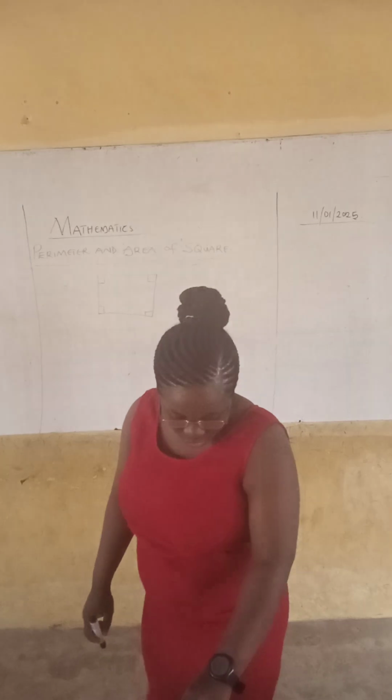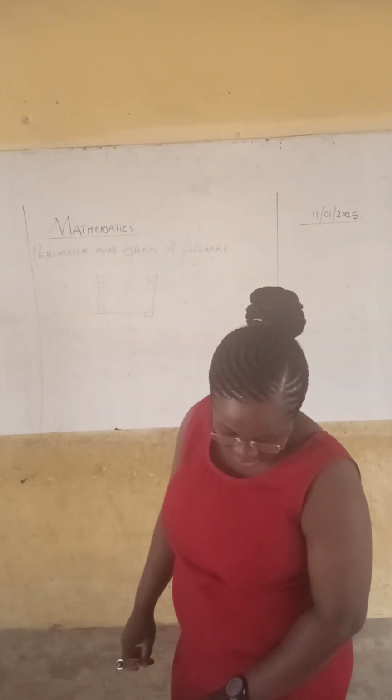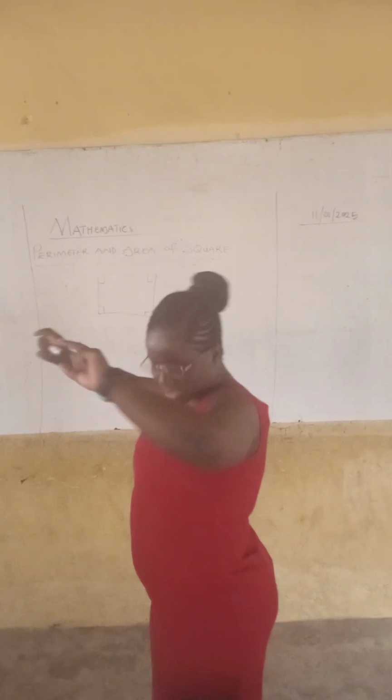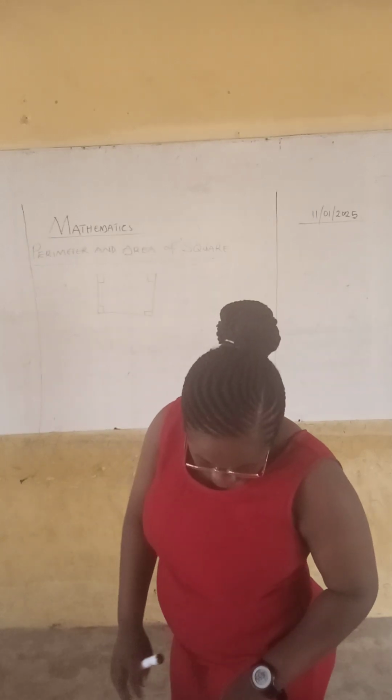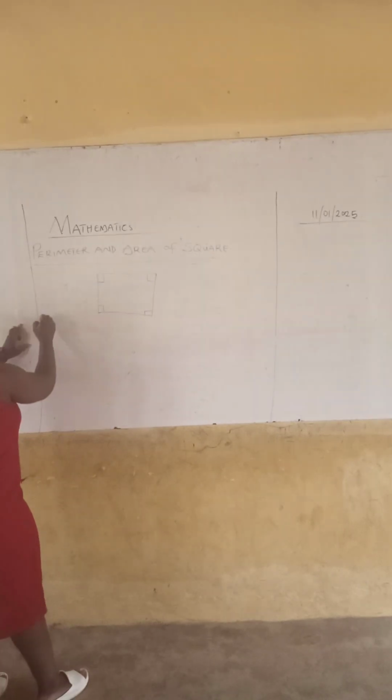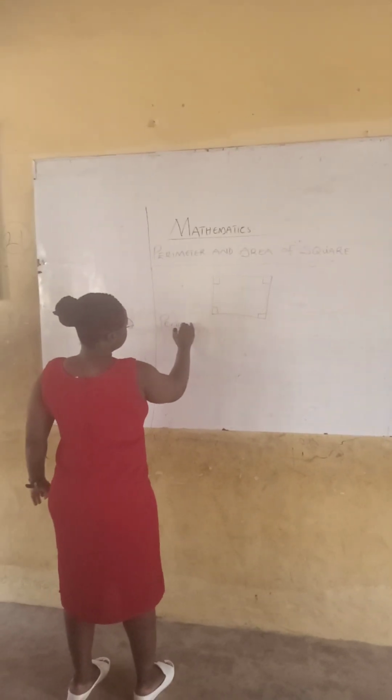So the perimeter of a square is 4 times the length of one side. That is the perimeter of a square.